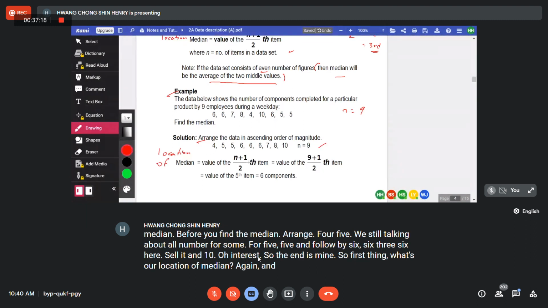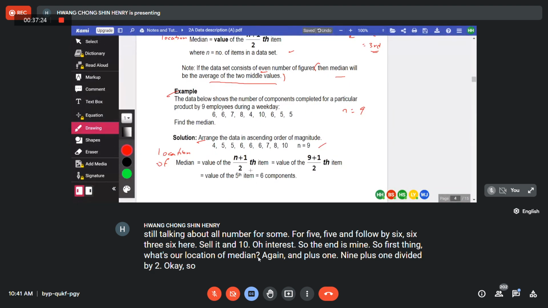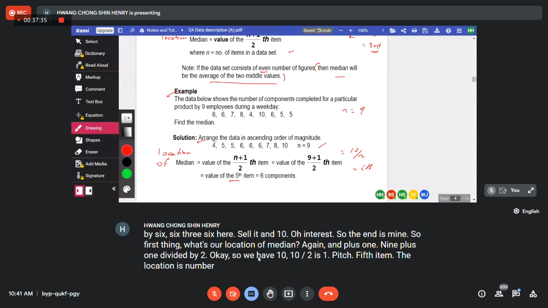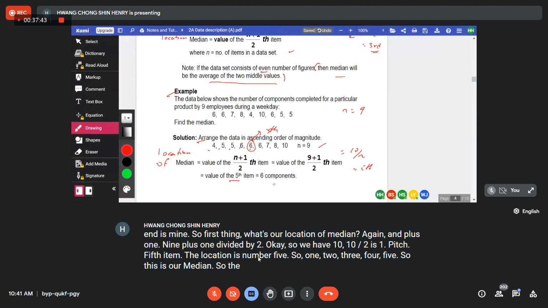Again, n plus 1: 9 plus 1 divided by 2. So we have 10, and 10 divided by 2 is the 5th item. The location is number 5. So 1, 2, 3, 4, 5. This is our median. So the median is 6 components.